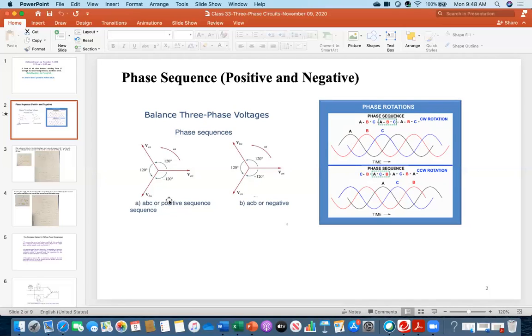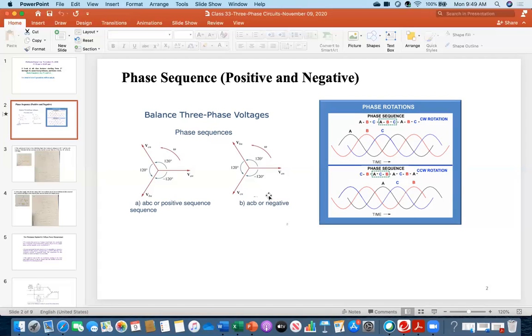Accordingly, it is called ABC. And then look at the bottom one, everybody. A, then C, then B. A, C, B. In that way it is going on. So this is called the negative sequence with respect to this one.